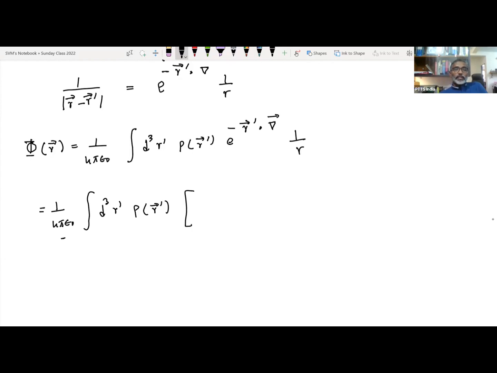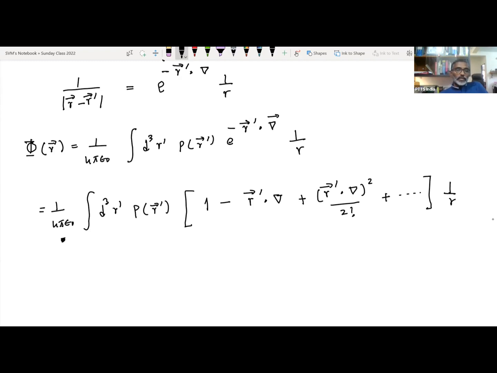And this one I will write as 1 minus r prime dot del, plus r prime dot del the whole square by factorial 2 and so on, acting on 1 over r. So you can see that this will be an infinite series.